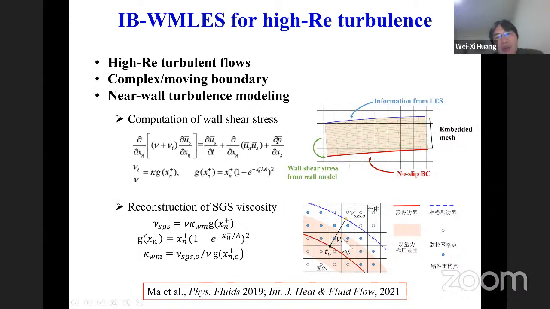In this way, we can combine the immersed boundary and the wall model LES to solve complex moving boundary, high Reynolds number turbulent flows.